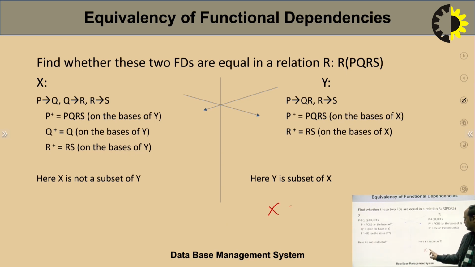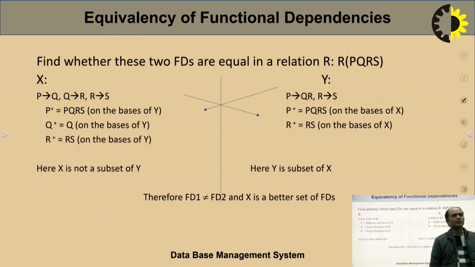X and Y are not equivalent because Y is a subset of X, but X is not a subset of Y. So it is called not equivalent. This is the functional dependency equivalence question.